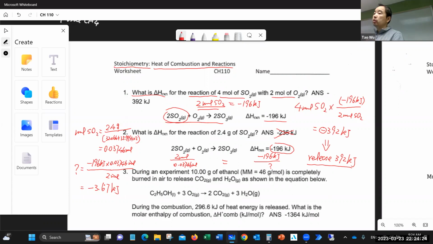But sometimes you need to find a different way to get a mole, right? Over here, if you're given the gram, you need to convert the gram to the moles. And later, when we talk about solution stoichiometry, you need to, based on the solution molarity and volume, figure out the mole. So this is a different way to get the mole of the things and then figure out the stoichiometry. Got it? Okay.